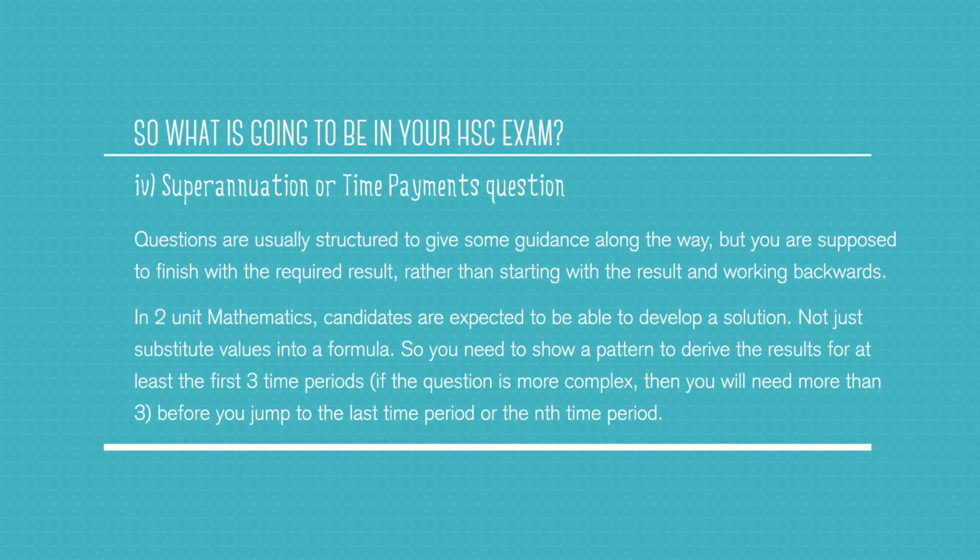And you want to develop your pattern for at least 3 time periods. Now every textbook does this, so it should be very obvious for you how we develop the pattern. And I only go for 3. From the third one, you can then usually jump to the last one, unless the question has broken it up for you already and says, show this is your first, this is your second, and then go to the last one.